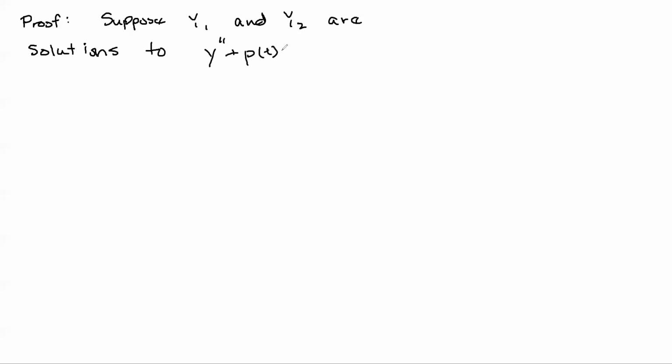All right, so we start off. Suppose capital Y1 and capital Y2 are solutions to y double prime plus p of t y prime plus q of t y equals g of t.